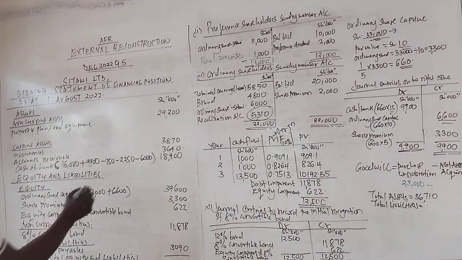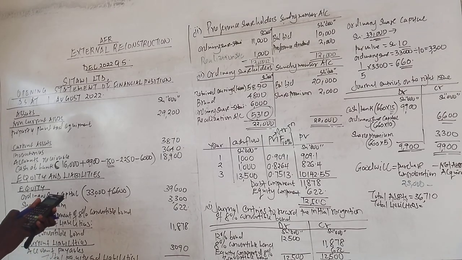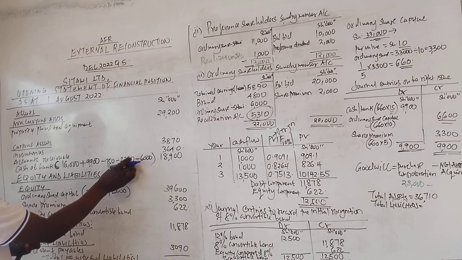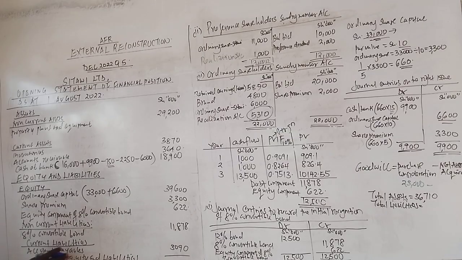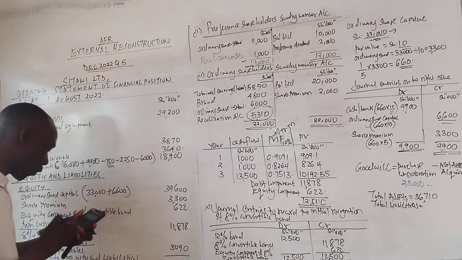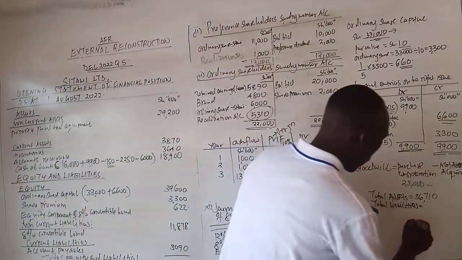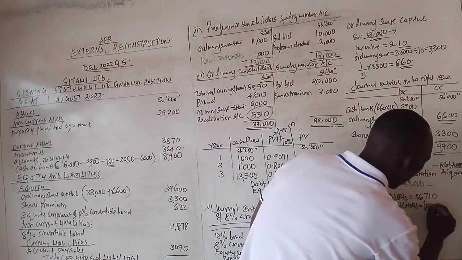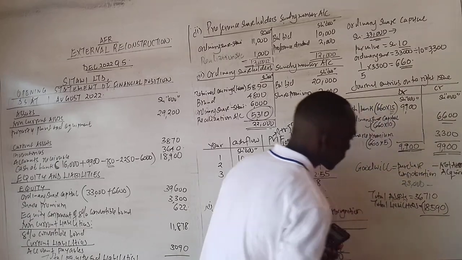Then the accrued interest of 750. Then we add bank overdraft of 2250. And finally, we add the account payable of 3090. So our total will amount to 18,590.